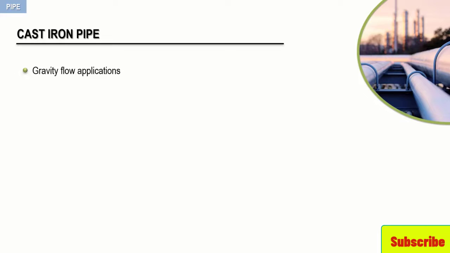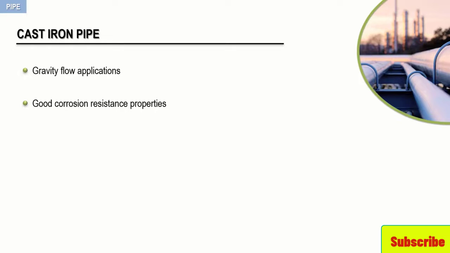Residential, commercial, and industrial facilities are usually built with some form of gravity flow systems. The corrosion resistance properties of cast iron pipe make it the ideal product for permanent, below-ground, gravity flow installations.